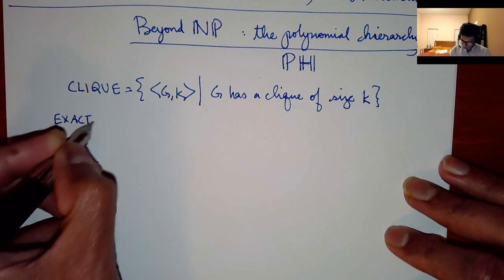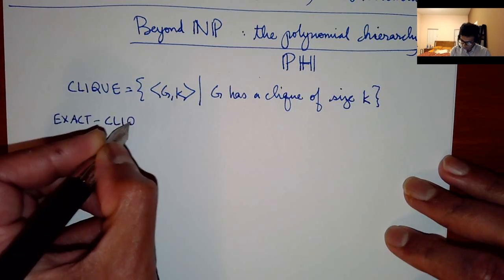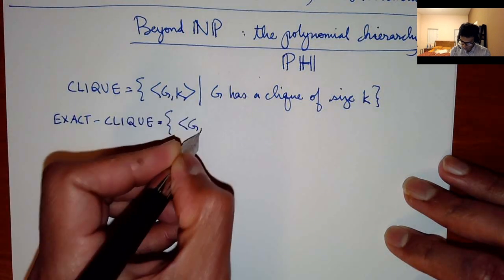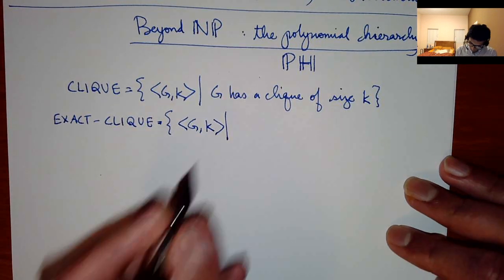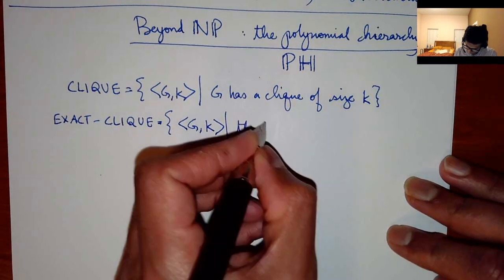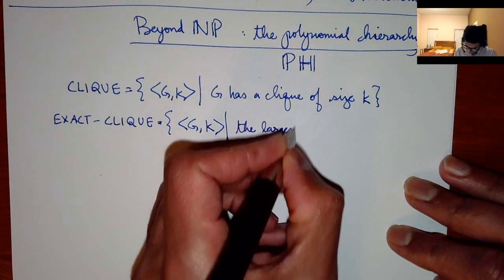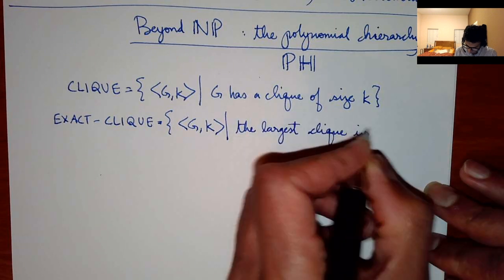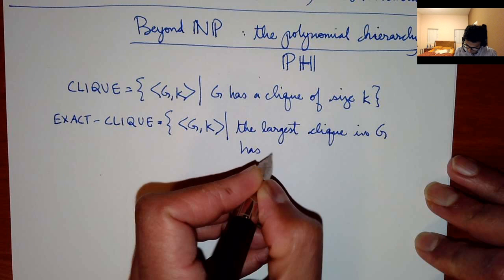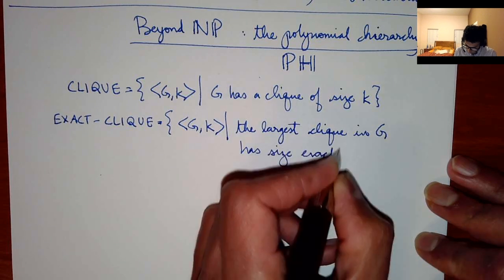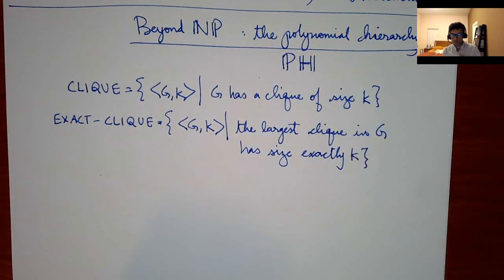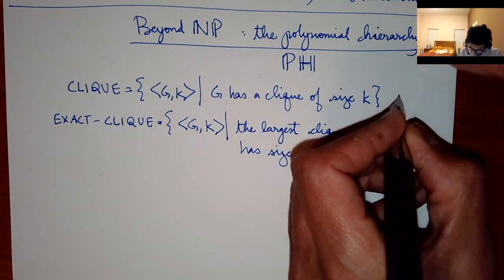Let's look at this language, exact clique, which is very similar, but the largest clique in G has size exactly K. Now recall that we said clique is in NP.